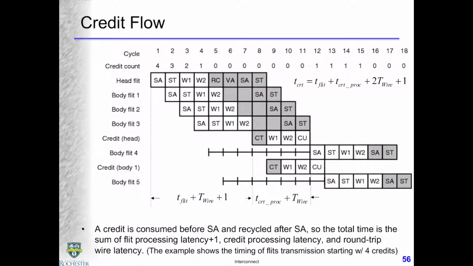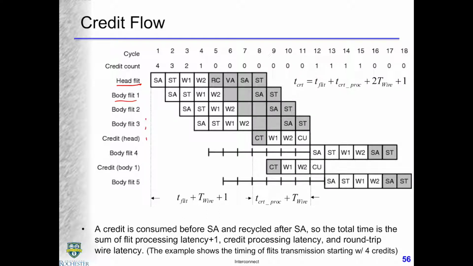And now we come back to more general discussion about routers. This is no longer 21364 specific design. So let's think about credit flow just a little bit. Now I'm showing you the timing of some packets, some flits. This is the head flit and body flit and so on and so forth.